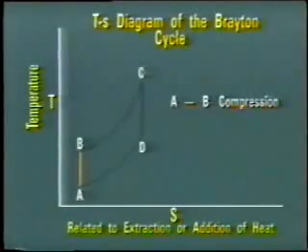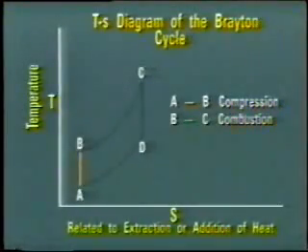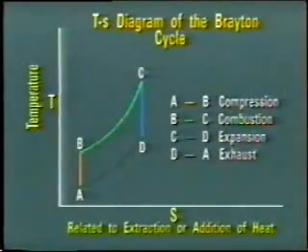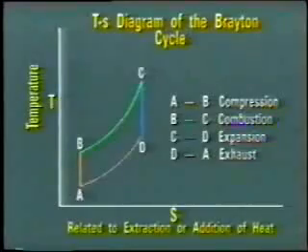At point B, fuel is added and combustion takes place. As we would expect, the gas temperature rises while heat is being added. From point C, the gas enters the turbine and expands. The heat energy is converted into mechanical energy until point D, where the gas is exhausted to atmosphere. All of the remaining heat in the gas is lost to atmosphere until the cycle begins again at point A.